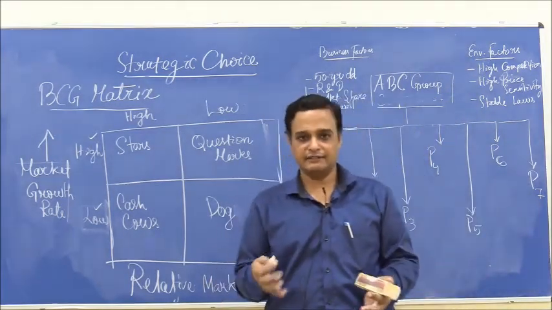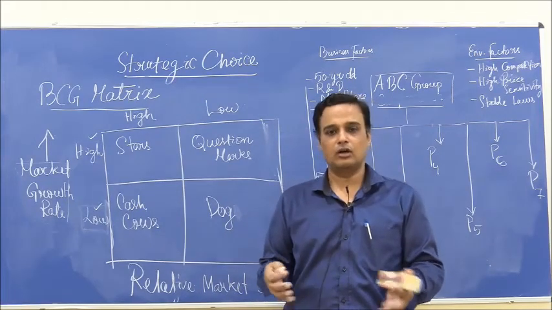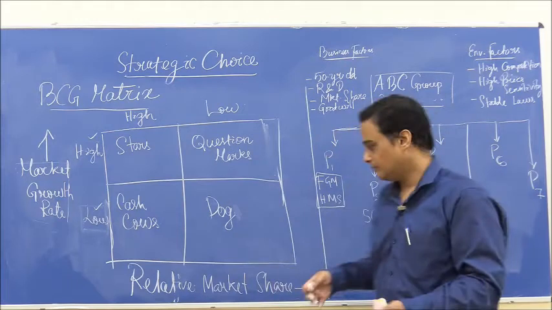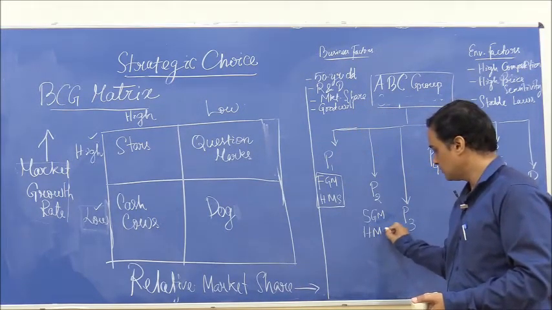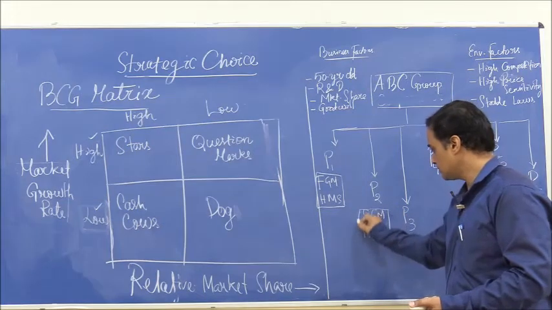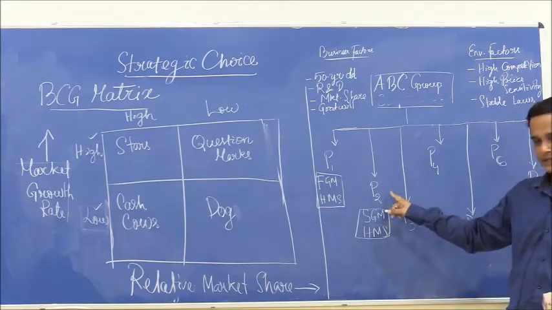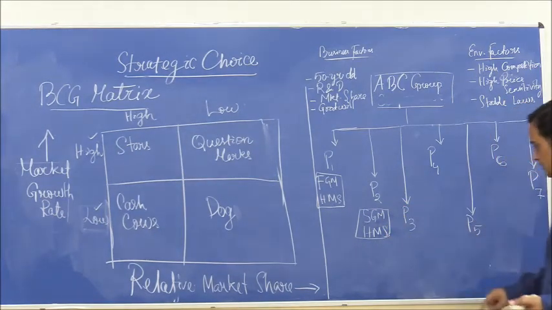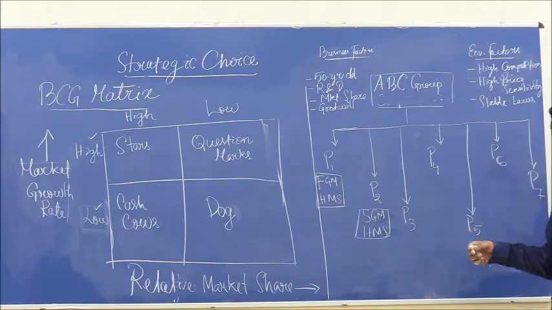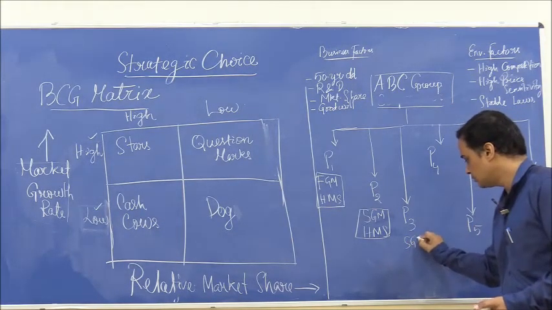So, they are asking for it, they are purchasing it and the company does not have to spend a lot on advertising anymore. So, its own market share is pretty high. A slow growing market and in that the product P2 is performing well. Let us further assume that the same condition is for P3.